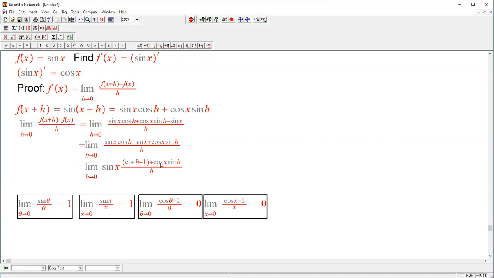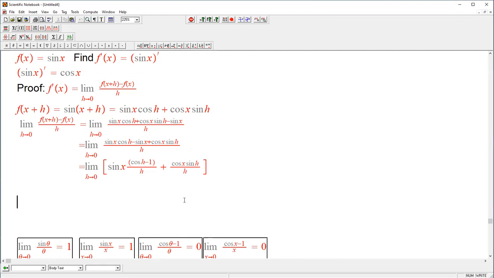And this piece, we're going to separate. It's the same technique, and divided by h. And of course, all of it is going to be in the bracket. We cannot separate the limits, not yet. Okay, and then what do we do?